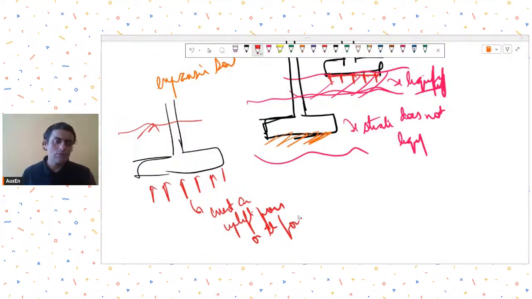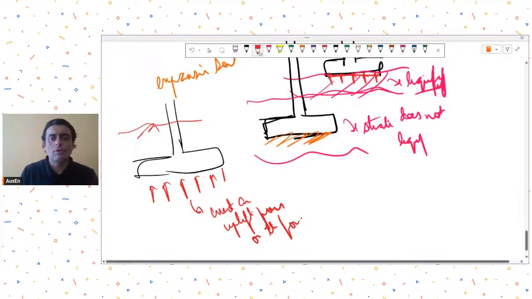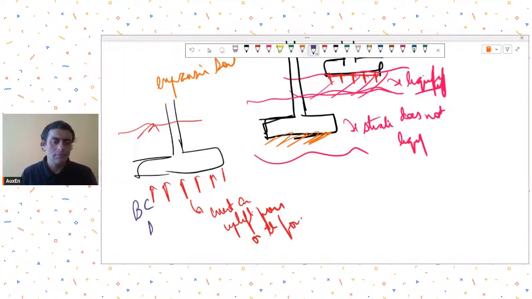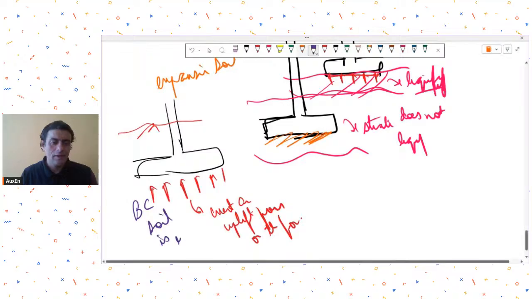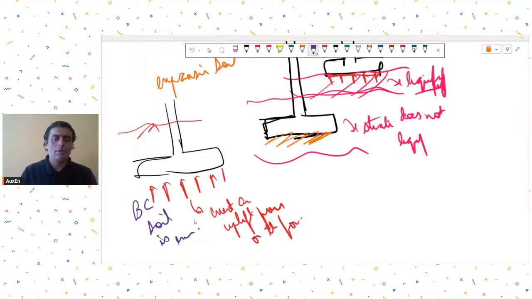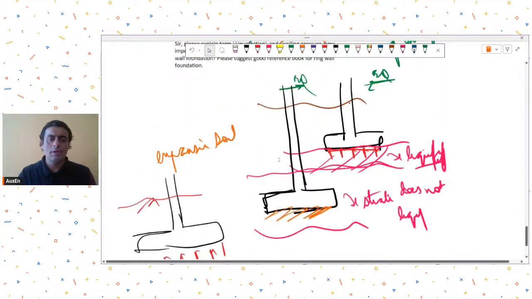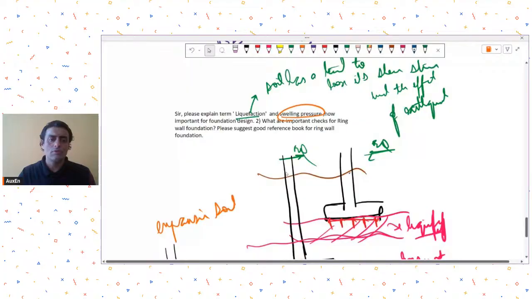Now the expansive soils are mostly, if you see, black cotton soils. So you have to be really careful when you are providing footings in black cotton soil, that there will be a problem of swelling, and if there is a problem of swelling, it may create issues with your foundations.